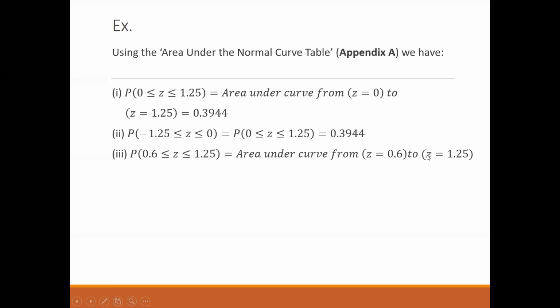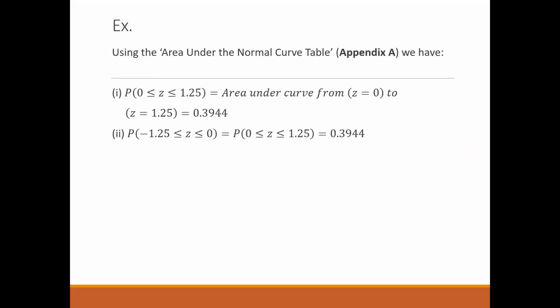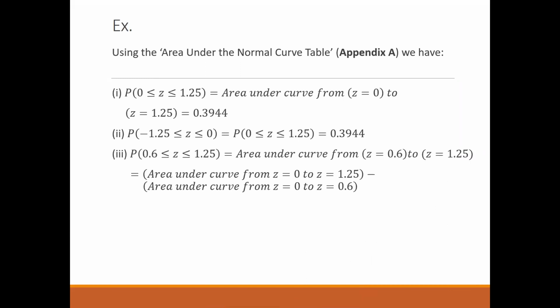If I draw two lines on the graph, as you know, the total for one half of the graph on the positive side is 0.5. So I can rewrite this as the area under the curve from 0 to 1.25 minus the area under the curve from 0 to 0.6.